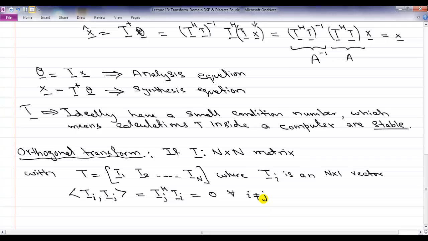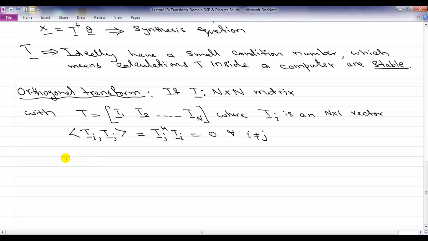So if you take the inner product of two columns of your matrix, then the inner product is 0 if the columns are not the same.